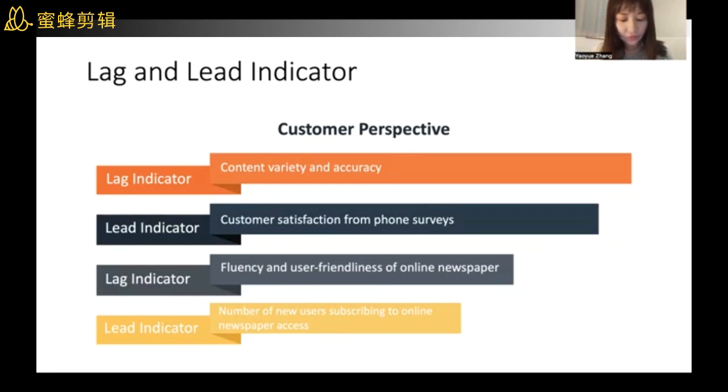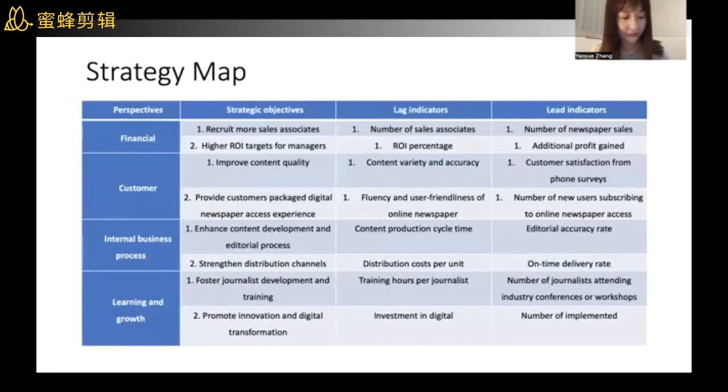By recruiting more sales associates on largely high-commission-based income, they can be incentivized to create more sales for the newspaper division of Eagle International Group. The lag indicator here is the number of sales associates in the past, and the lead indicator here is the number of newspaper sales in the future.